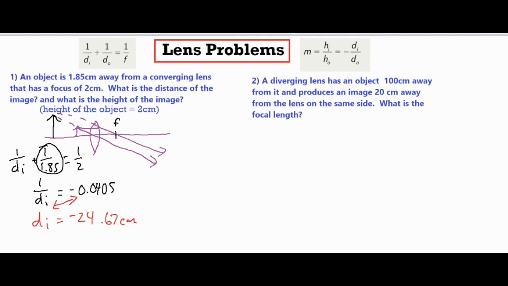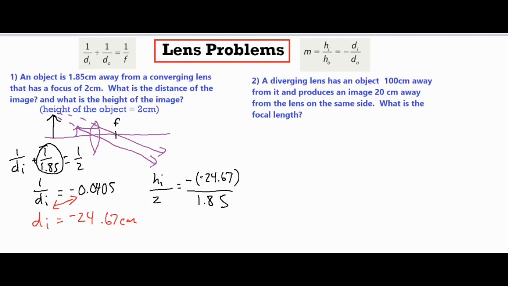Now, secondly, I want to find the height of the image. So I'm going to have to go to this formula over here. So normally you're using two ratios, and the height of the image is my hi. The height of the object is 2 centimeters, as given in the problem over here, equals negative di over do, the distance of the object.